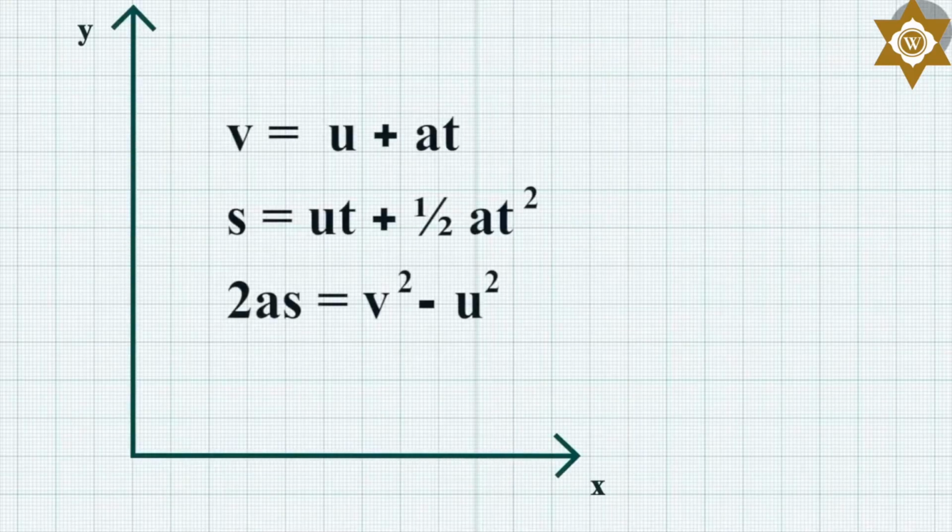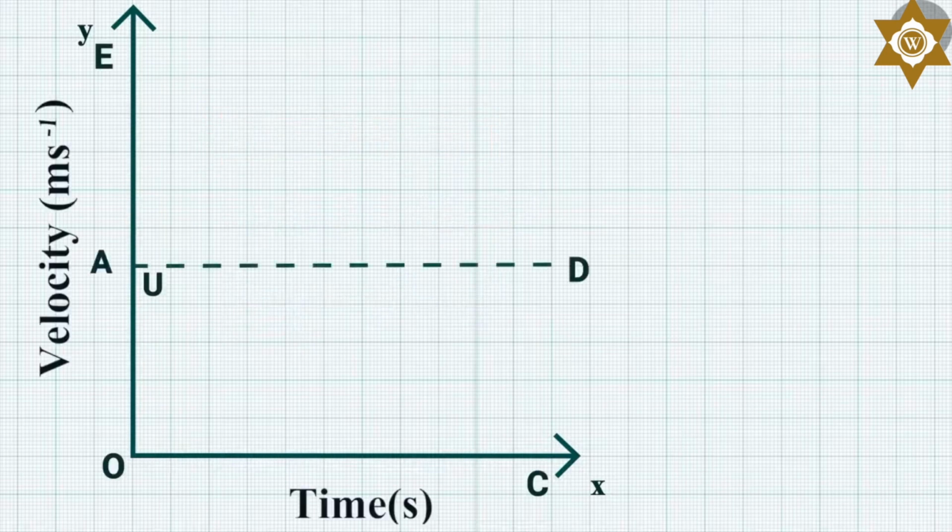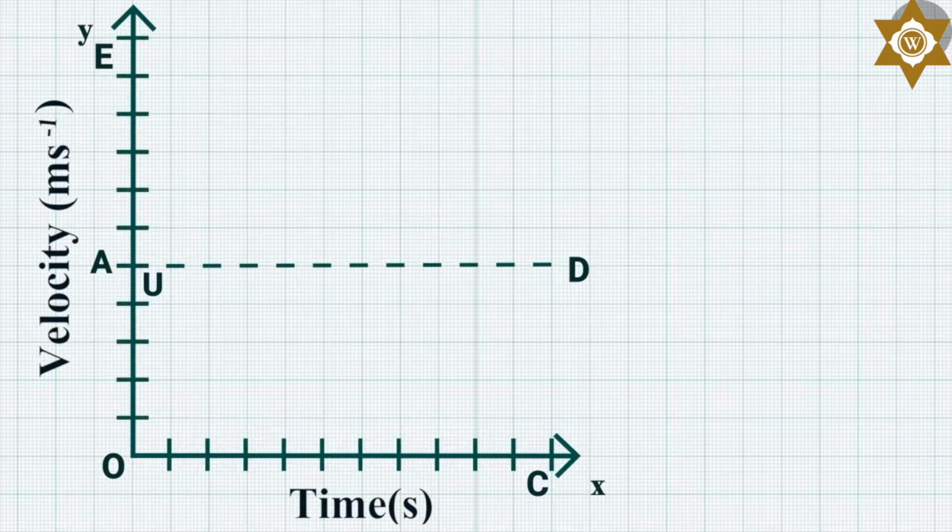Now, let's see how we can derive these equations of motion by graphical method. Let us start with the first equation, equation for velocity-time relation. Consider this velocity-time graph, where time is taken along x-axis and velocity is taken along y-axis.